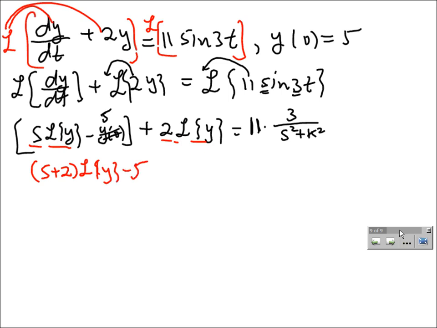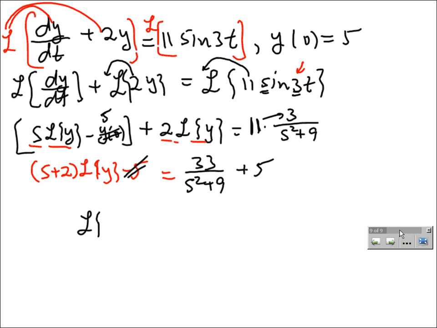Let's not forget to take away the 5. And let's not forget on the right side that we know what k is. k is 3. So when I square it, I get 9. 11 times 3 is 33. So this is what I have. I'll add the 5.